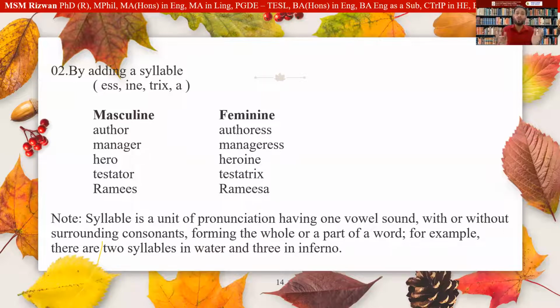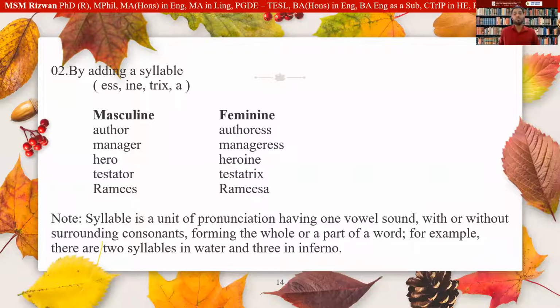Basically, you know the vowel letters A, E, I, O, U, and the rest of the 21 letters are called the consonants in the English language, right? So a syllable is a unit of pronunciation having one vowel sound with or without surrounding consonants, forming the whole or a part of a word.